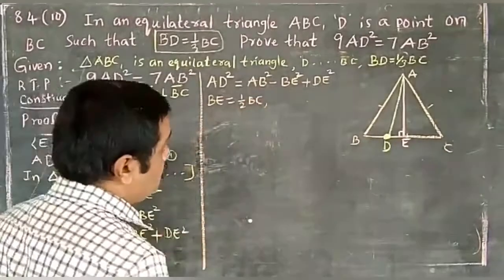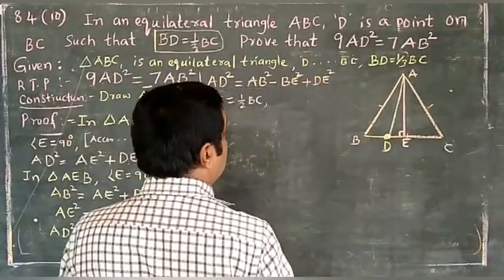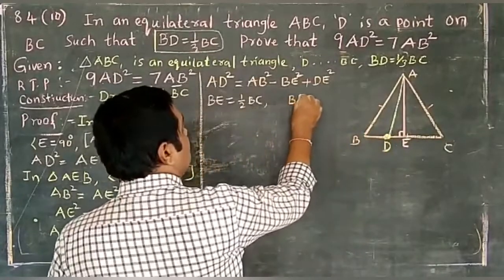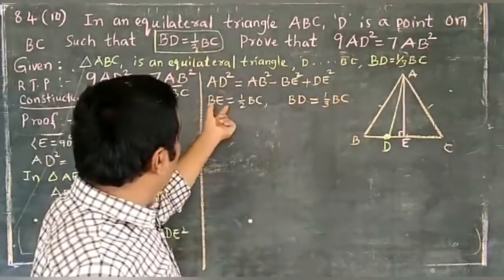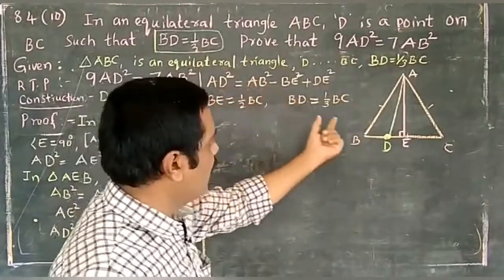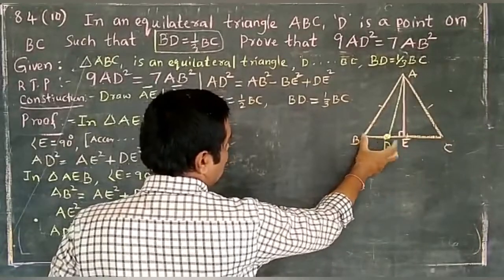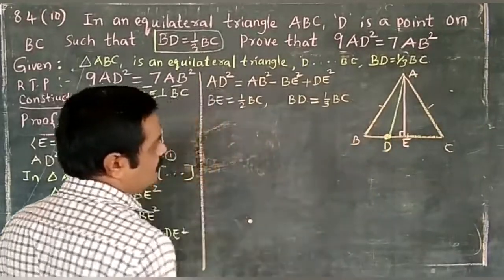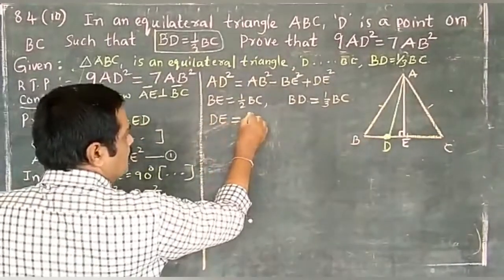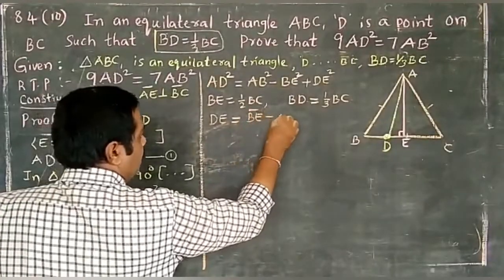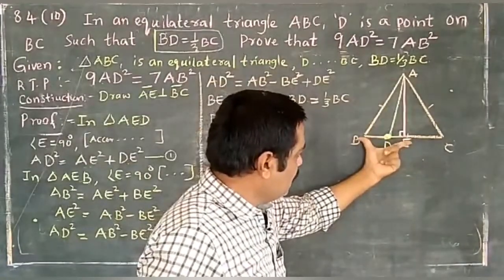What about DE? Instead of DE, how to write it in terms of BC? We already know the length BD is equal to 1 by 3 BC. By the help of BE and BD, we find DE. This is the total BE, and this is BD. DE is equal to BE minus BD.